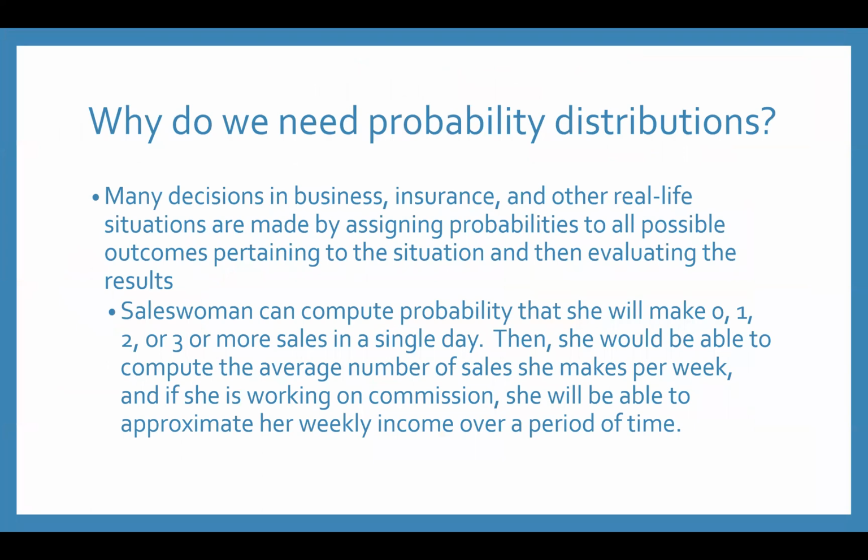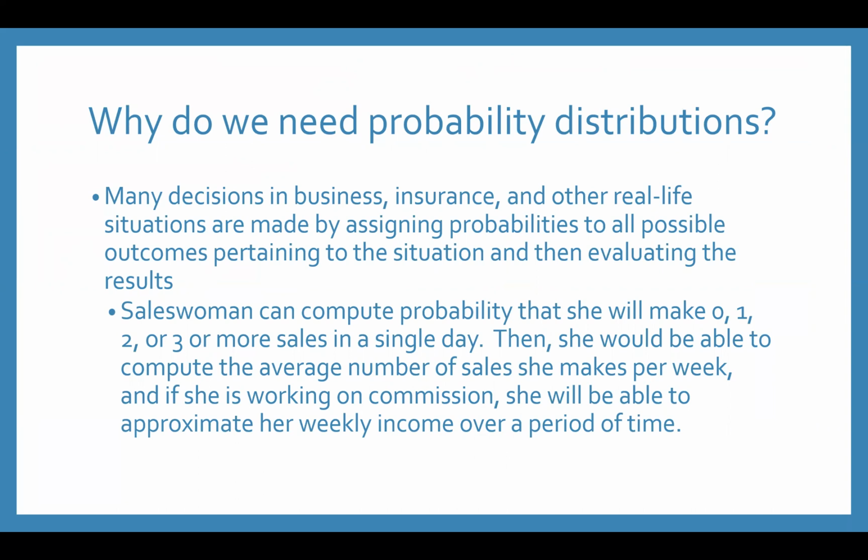So again, as I was just mentioning, a lot of the decisions that are made in business, insurance, and other real life situations are made by assigning probabilities to all the possible outcomes that could happen for that particular event.